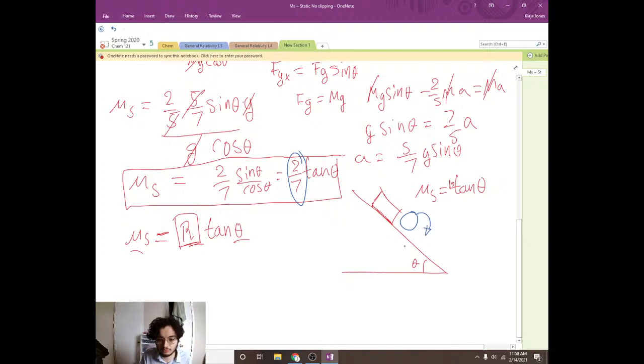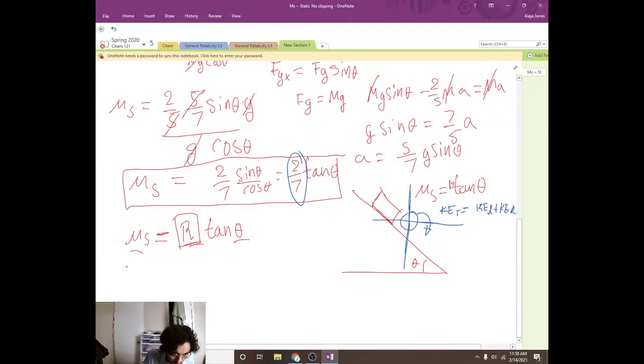And when it's rolling down the hill, let's say that we have a reference frame moving along with the ball's center of mass, and this is going to have total kinetic energy. The total kinetic energy is going to be defined by two quantities: the kinetic energy linear plus the kinetic energy rotational.